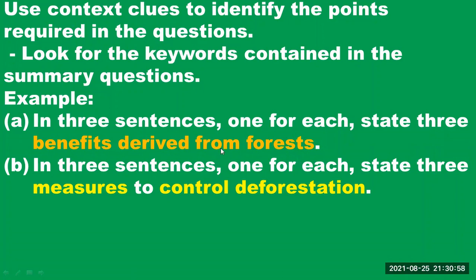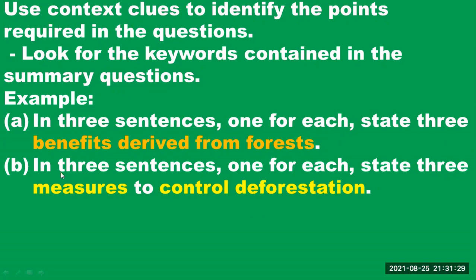So benefits derived from forest gives us the context clue. As we read, anywhere we come across benefits derived from forest, or words related to this, we will look at that area critically, because that gives us the clue that we have come to the particular place that talks about benefits derived from forest, which is what we are asked to summarize in the first place.